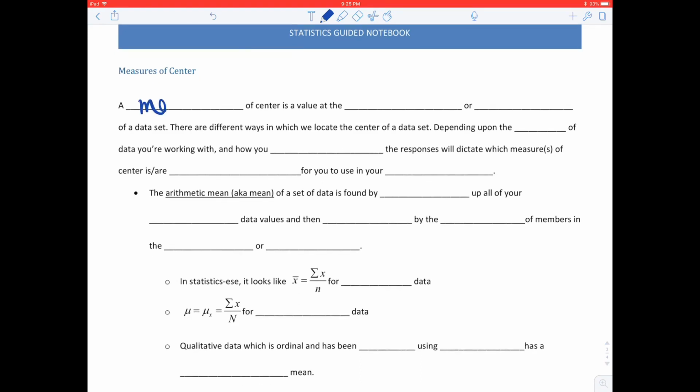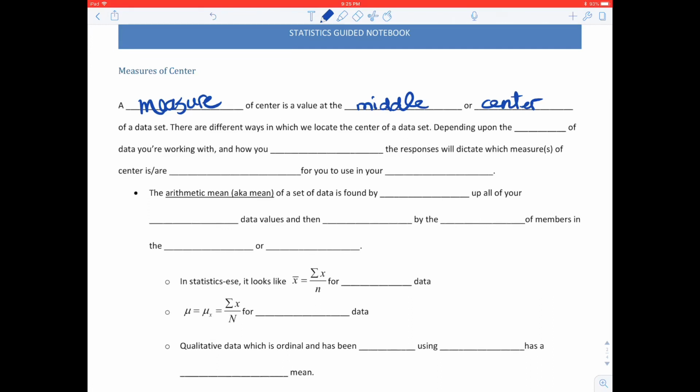So a measure of center is a value at the middle or center of a data set. They're not trying to trick you, for real. There are different ways in which we locate the center of a data set.